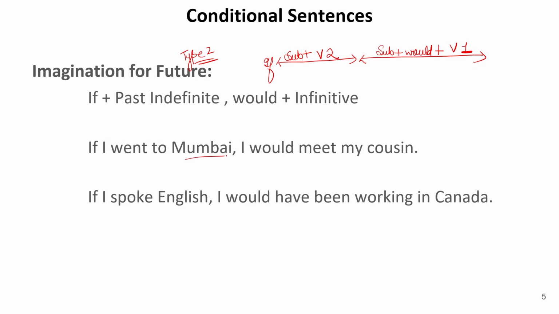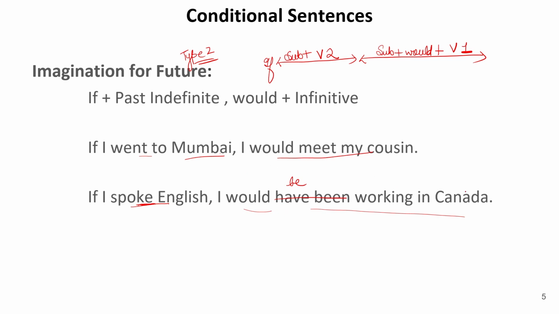If I went to Mumbai, I would meet my cousin. So this is simple. If I went to Mumbai, this is past indefinite, I would meet my cousin. Another example: if I spoke English, I would have been working in Canada. Now, if I spoke English, it means if I knew how to speak in English, I would be working in Canada, because here we require would followed by first form of verb.